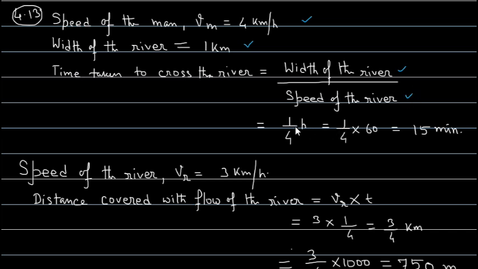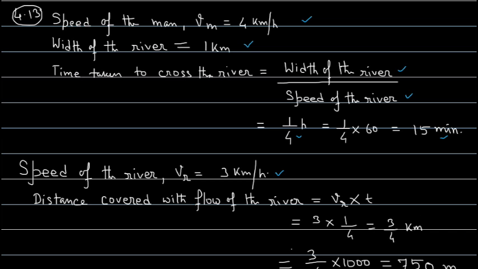Width of the river is 1 kilometer, speed is 4 kilometer per hour, so 1 upon 4 hour. Convert this into minutes, so multiply by 60, that is 15 minutes.